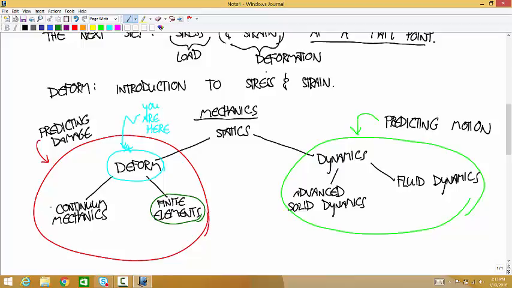Okay, this is like a branch of math, kind of. This is how you solve these problems for any practical application. You use a finite element software package, a complicated numerical differential equation package, to solve these problems for you.